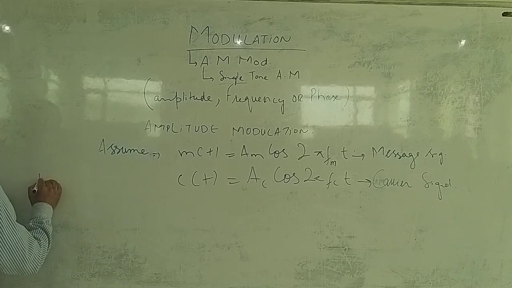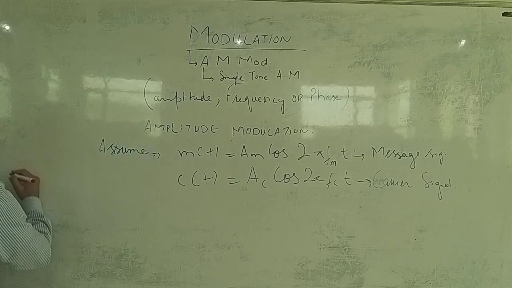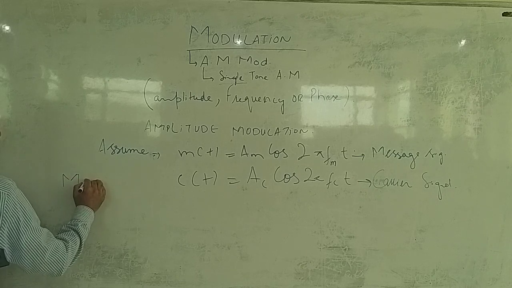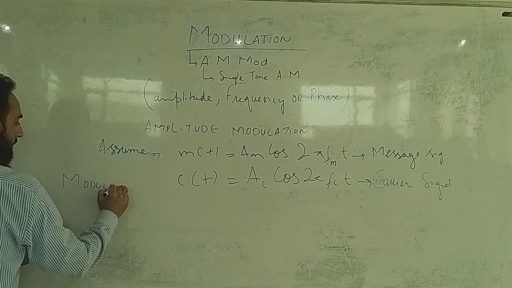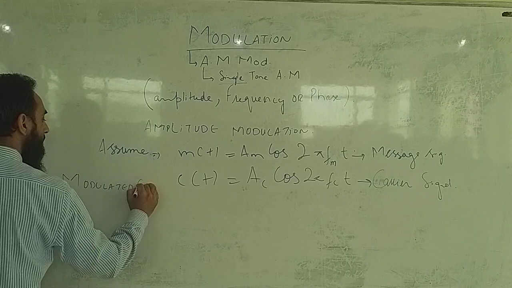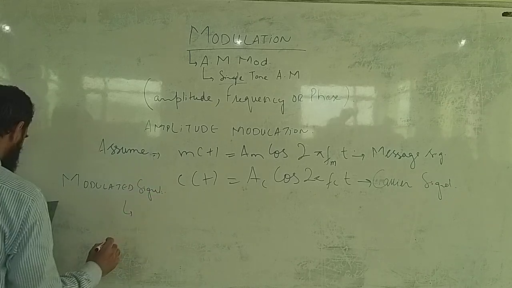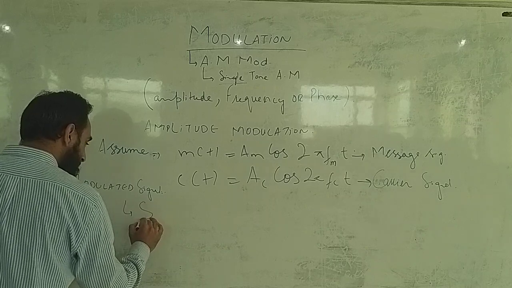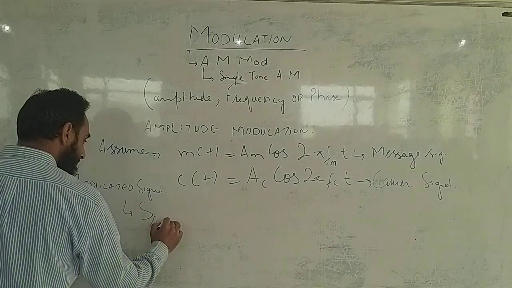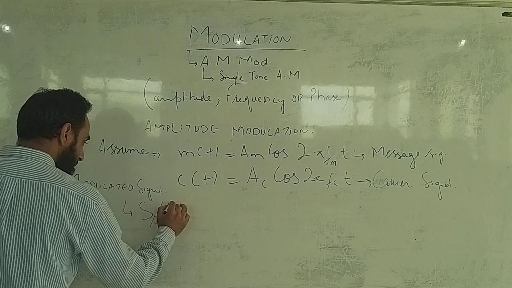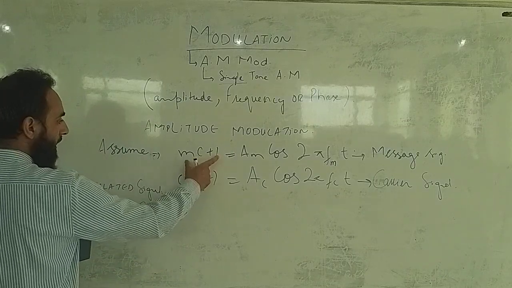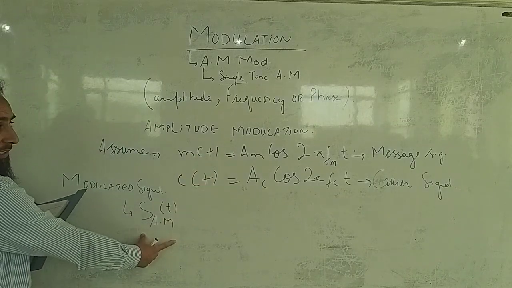Then finally the modulated signal will be given as S of AM of T. Okay? So C of T, M of T combined they form a modulated signal.